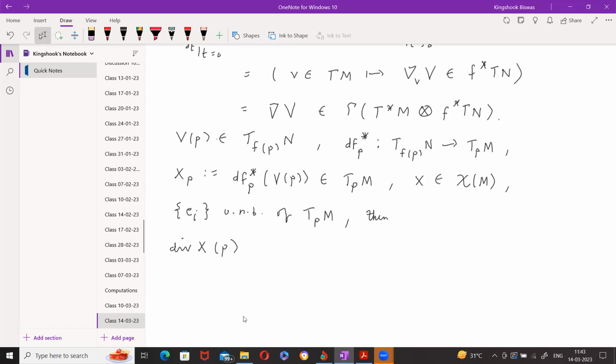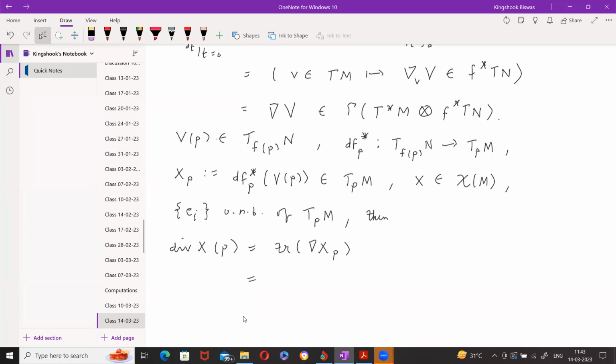We saw this is equal to the trace of the covariant derivative of X, nabla X at P, right? We proved this, yes?